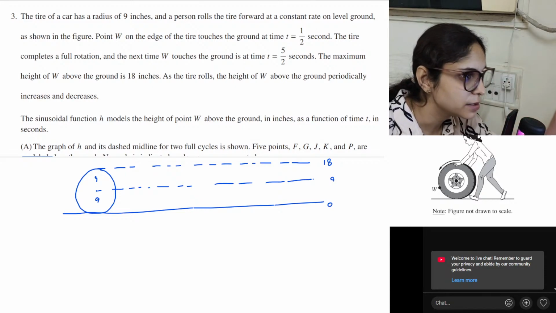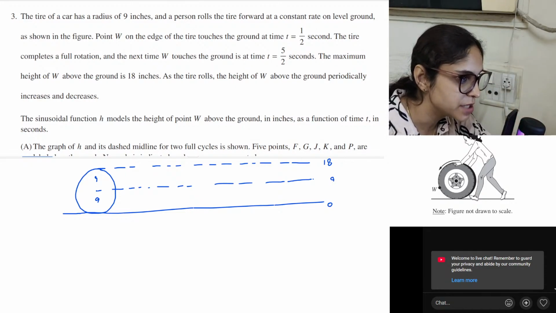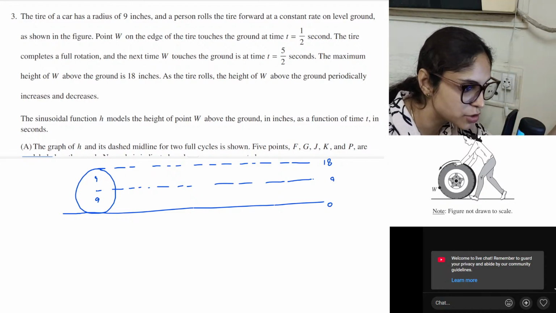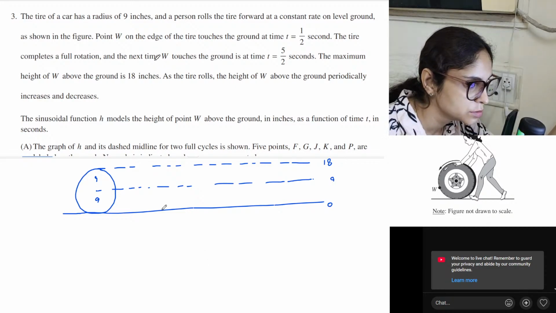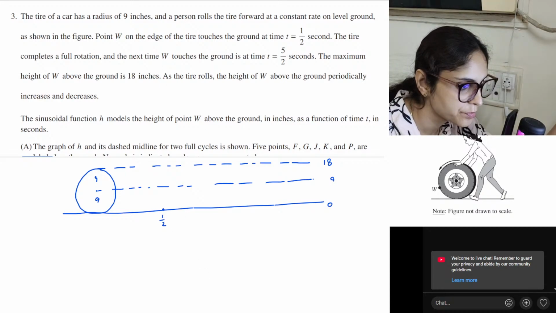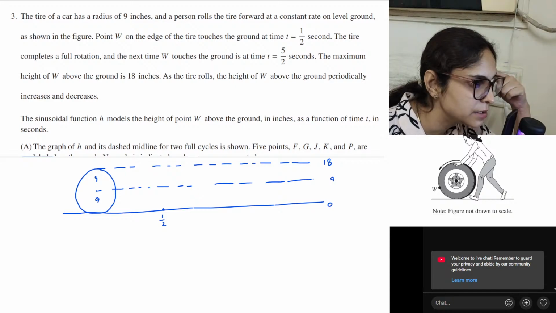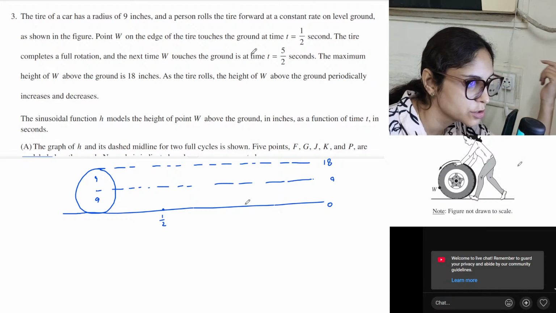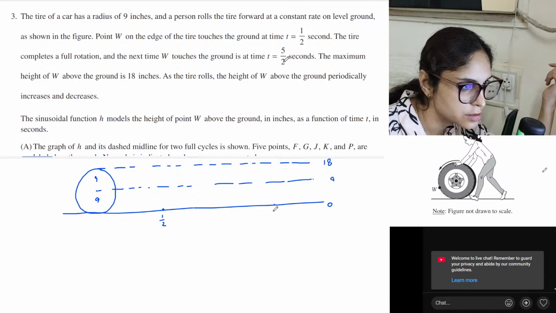And now if you look at it, at t equals 1/2 second, it is at 0 because it is touching the ground. So at t equals 1/2, you are over here. And then the next time it touches the ground is at t equals 5/2 seconds. So at 5/2 seconds, we're again back over here.